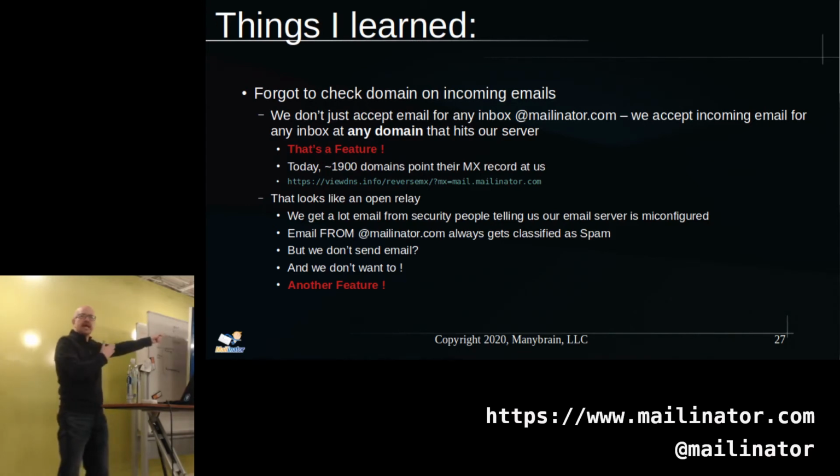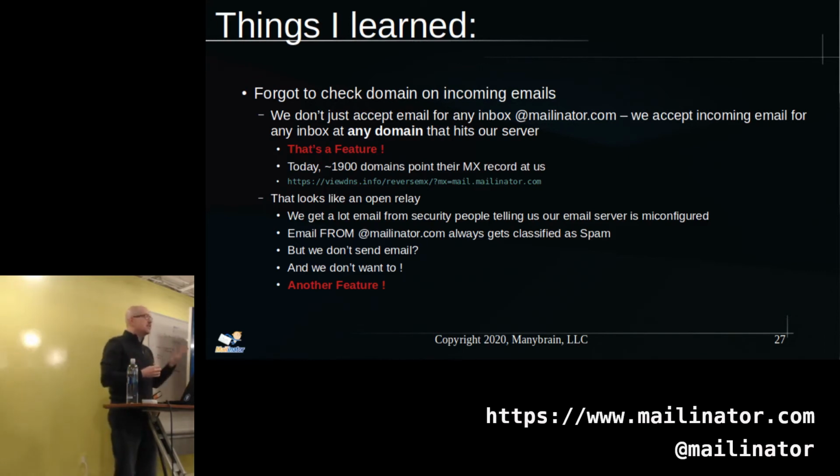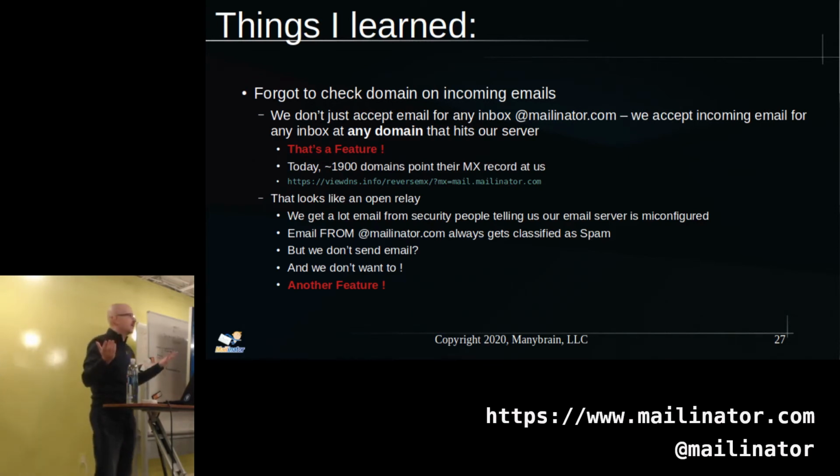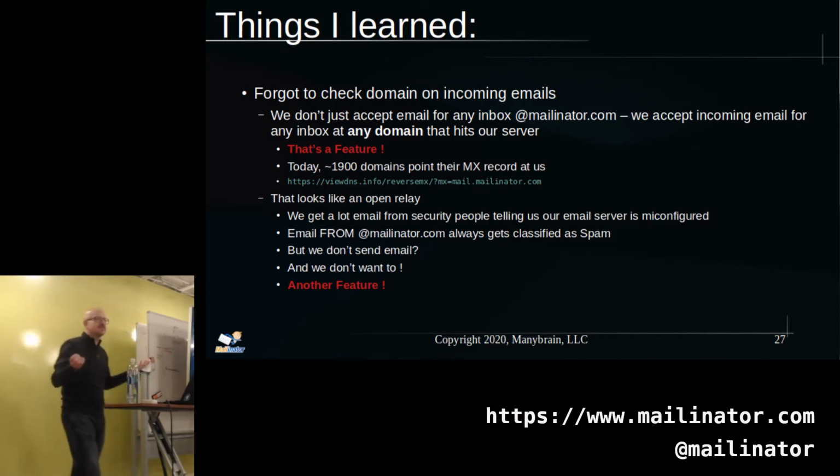It'll act as a relay. And that's completely broken, right? The reason was, once spammers found these things, they loved them because they could use your system as a relay to send spam. So I started getting emails from security people saying, hey, you've got an open relay there. You're forwarding to everywhere. And I'm like, no, I'm not. I'm just taking it in and saving it. But they didn't know that.